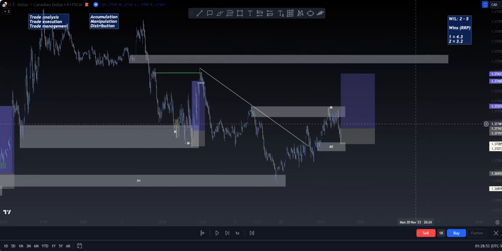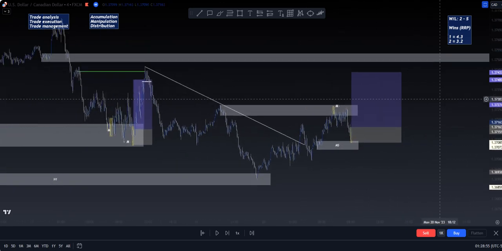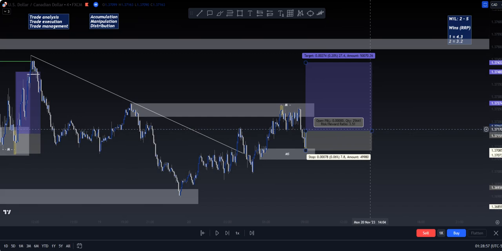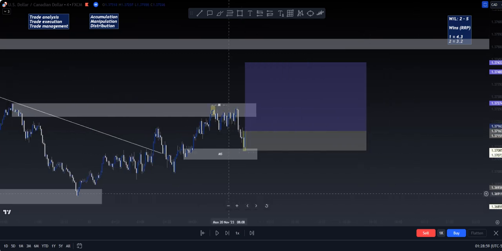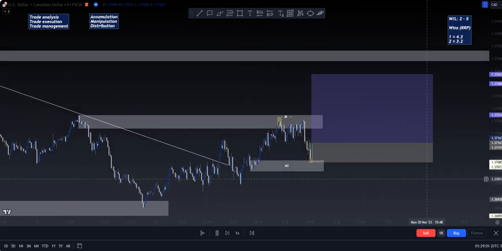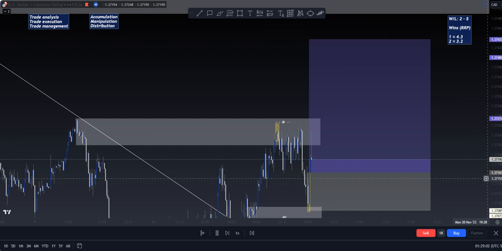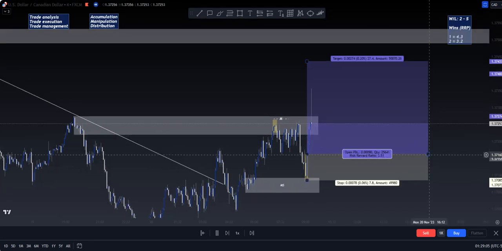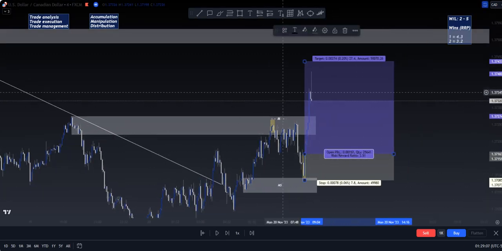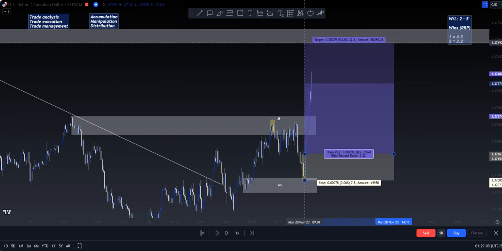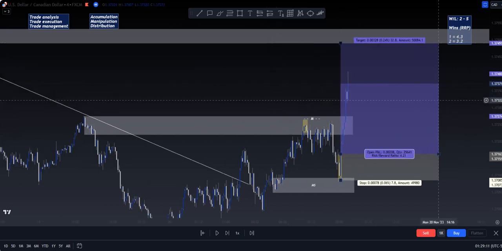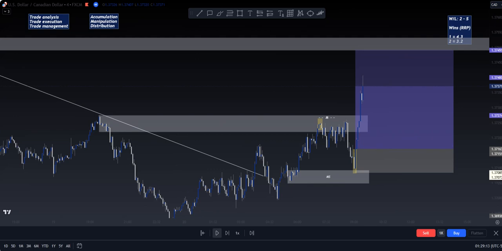Let's see what this trade got. Let's see if it wants to go up to that zone or not. Okay, okay. Market definitely wanted to go that way.